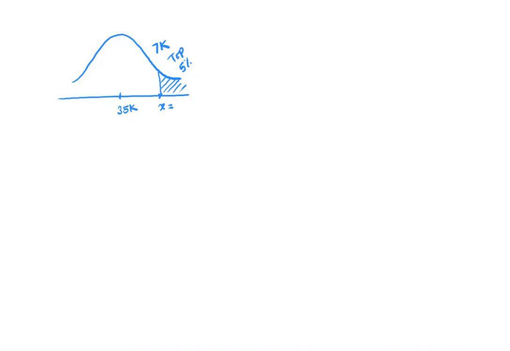Alicia, anybody else wants to try what's going on here? Remember, we are trying to find the top 5%. To find the bottom 5%, what did we do?